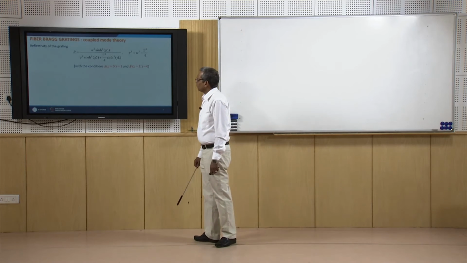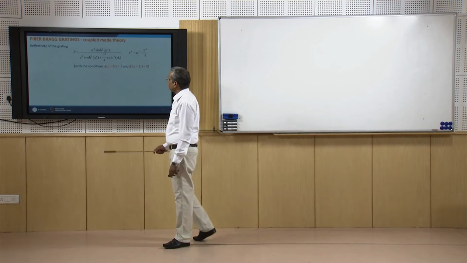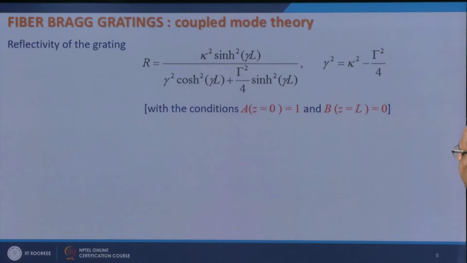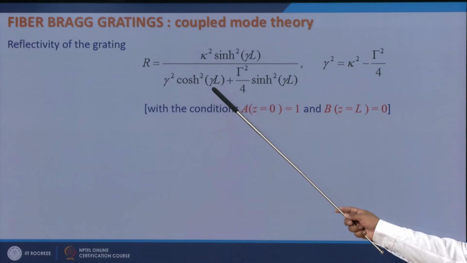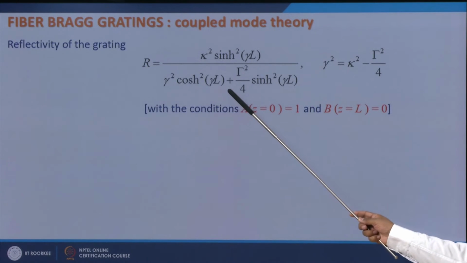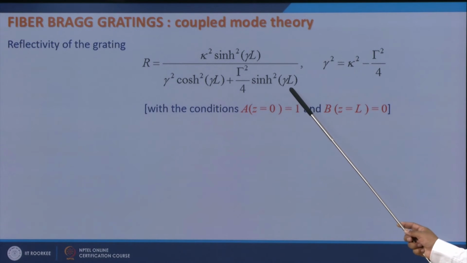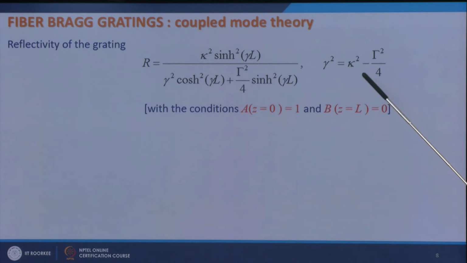If I work that out, then reflectivity comes out to be kappa square sinh square gamma L divided by gamma square cosh square gamma L plus capital Gamma square by 4 sinh square gamma L, where small gamma square is kappa square minus capital Gamma square by 4.